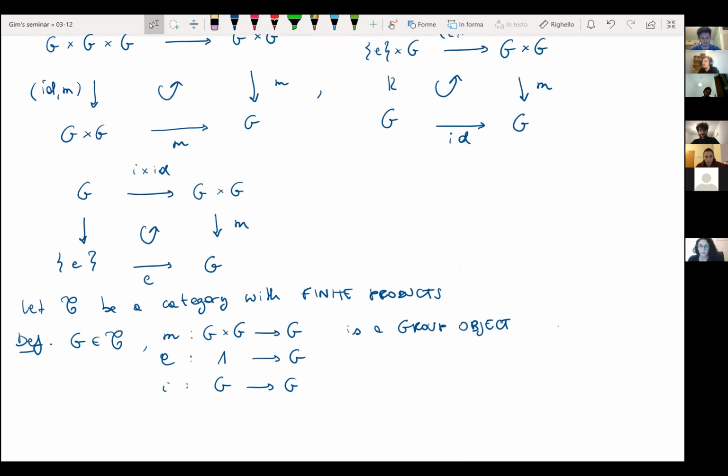Now the diagrams are commutative diagrams where the arrows are in the category C. And this is called a group object.